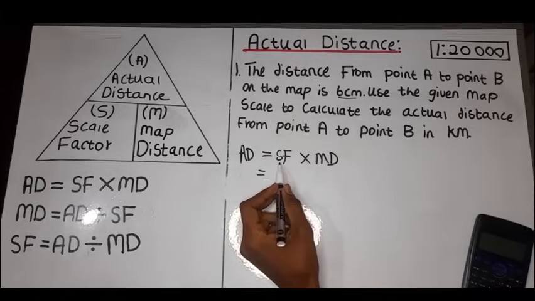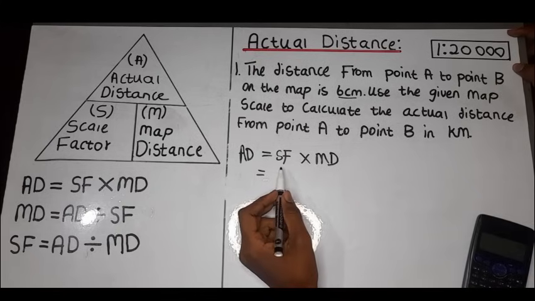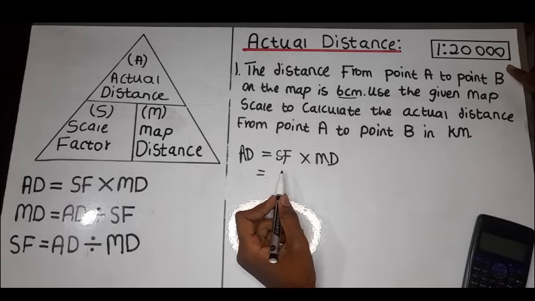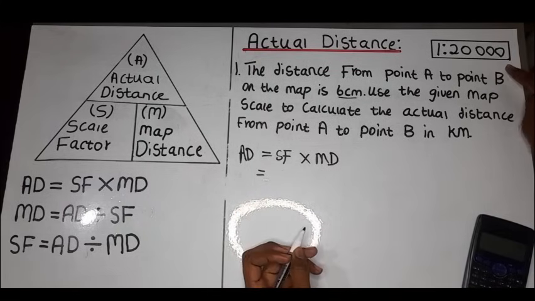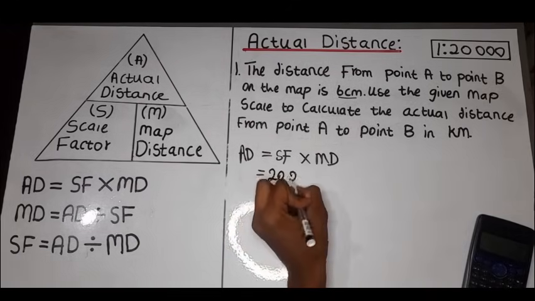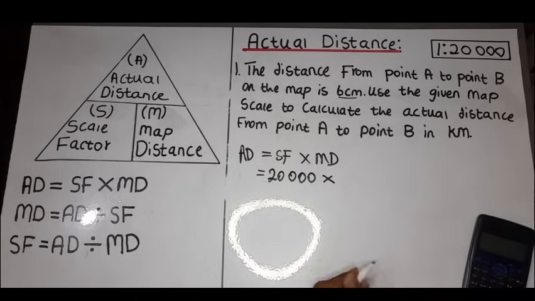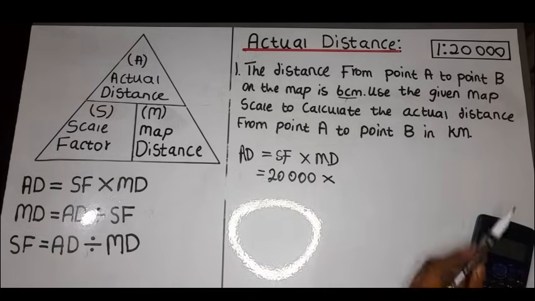So we say that the scale factor, remember I told you that when you've been given a number scale like this one, the scale factor on this scale is 20,000. So that means that we are going to say what? 20,000, which is the scale factor, multiplied by the map distance. The map distance is 6 centimeters.